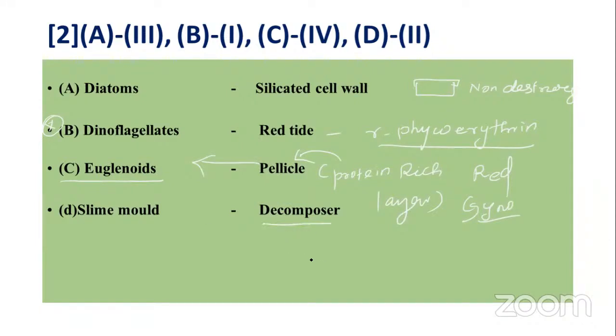What is the meaning of decomposer? It mostly depends upon dead animals. Complex molecules are converted into simple molecules by the activity of the decomposer. Okay, you note it down. Here the answer is, please kindly note it down, my dear student. These are the points. Okay, my dear. Go to the next one.